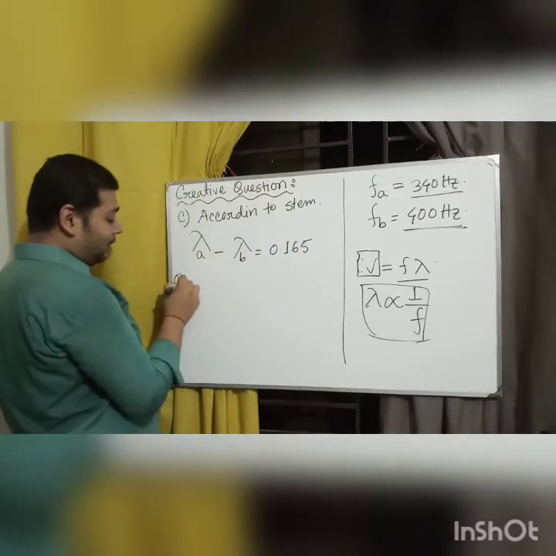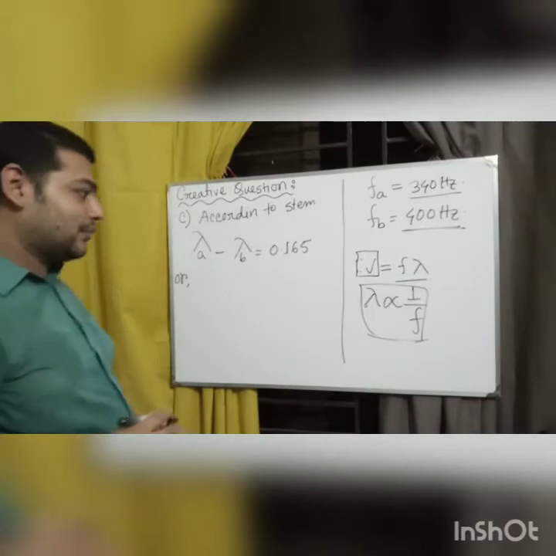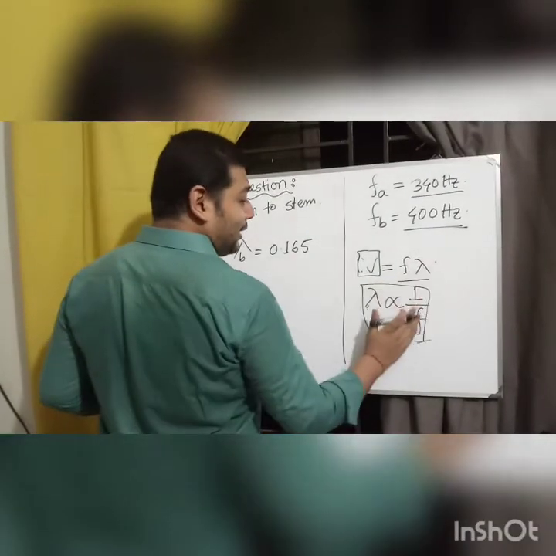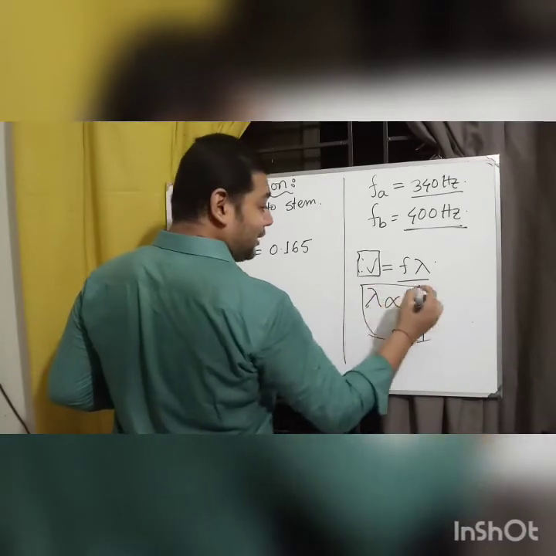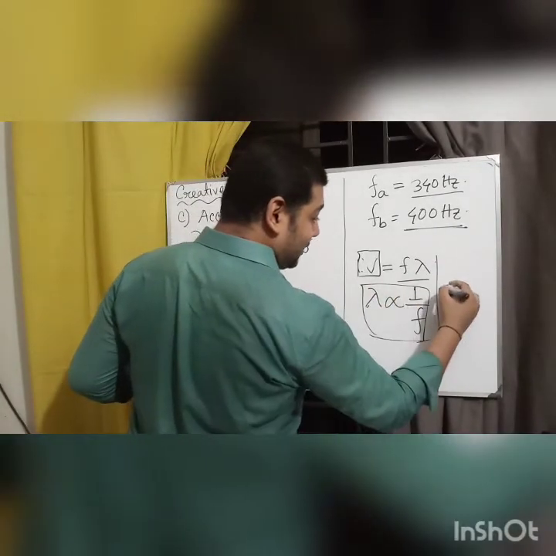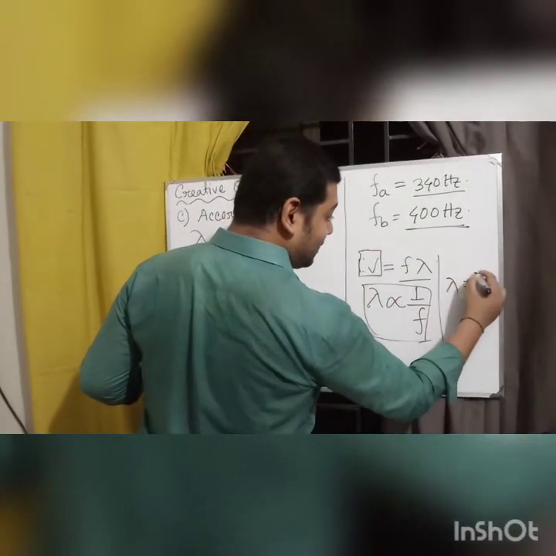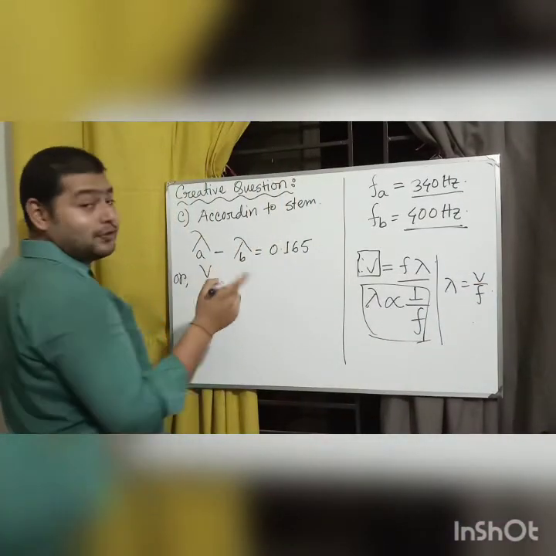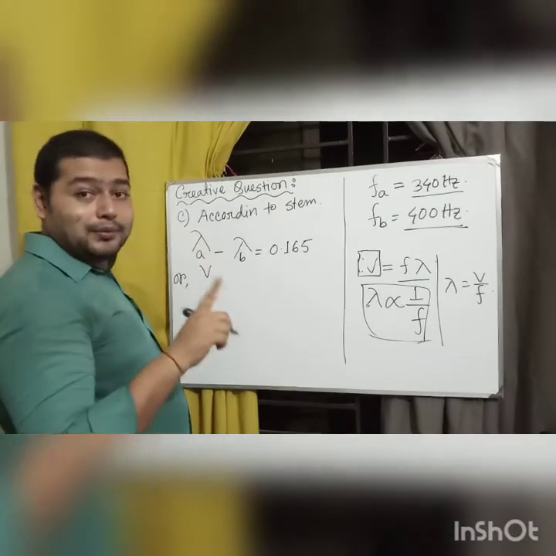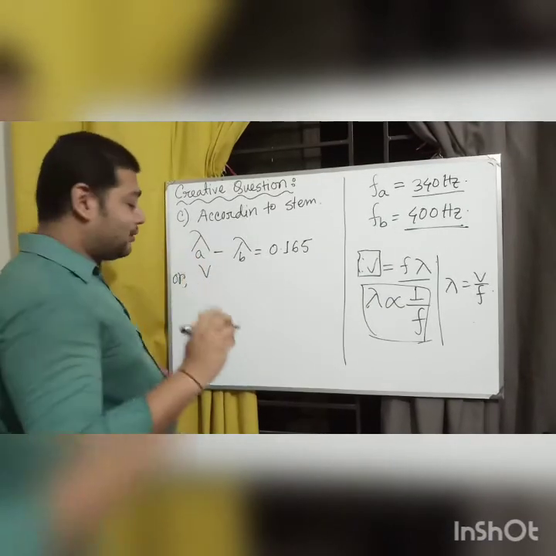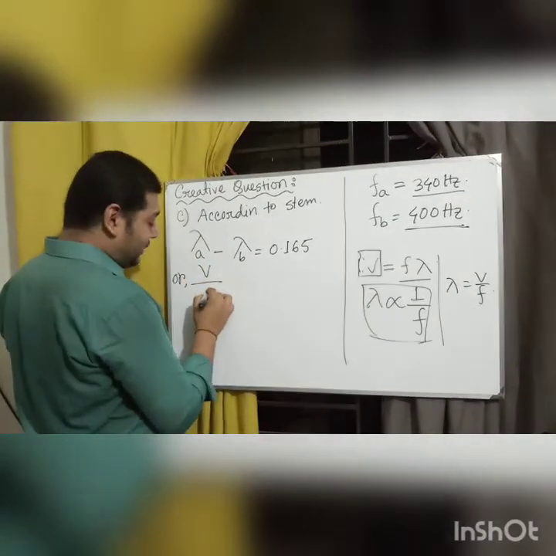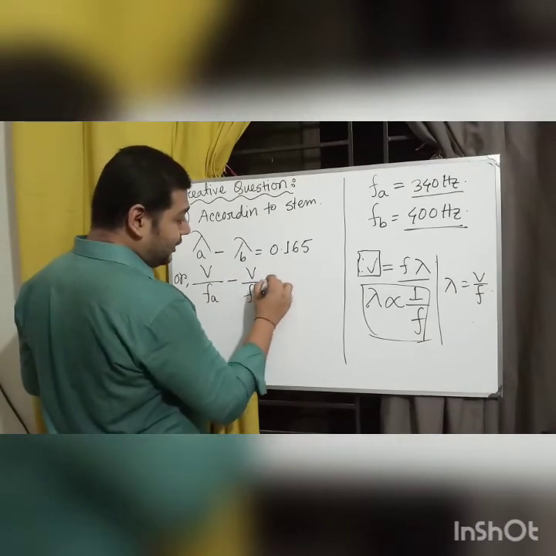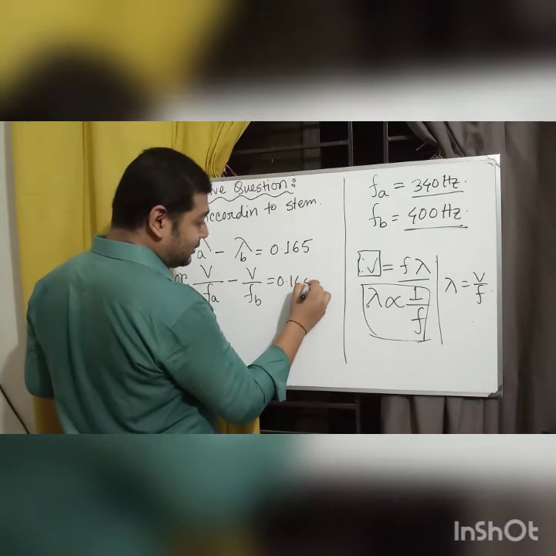Or we can write, using the relation lambda equal to V by F, V here. V is common because the medium is the same. Okay, so V by Fa minus V by Fb equal to 0.165.